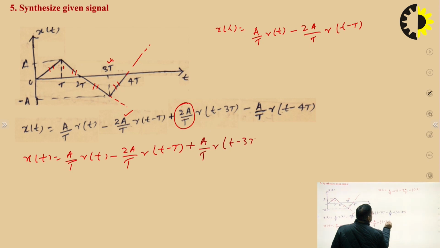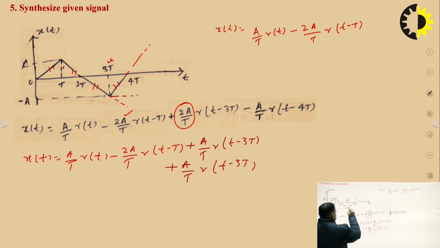Okay, so this line becomes this way. If we add another slope A by t r(t minus 3t), this line will just increase with time, and it is increasing.